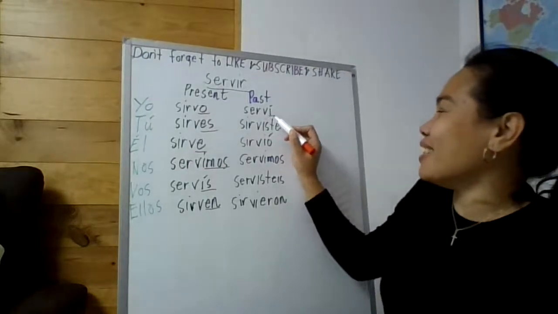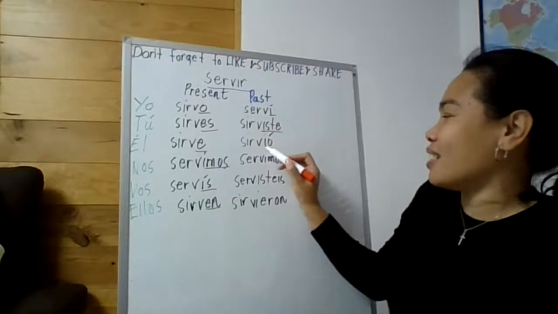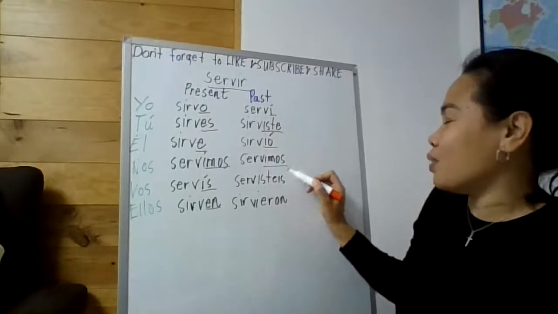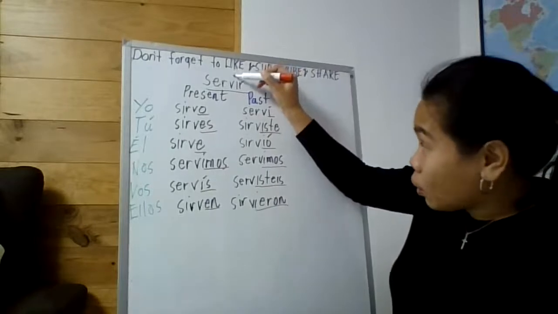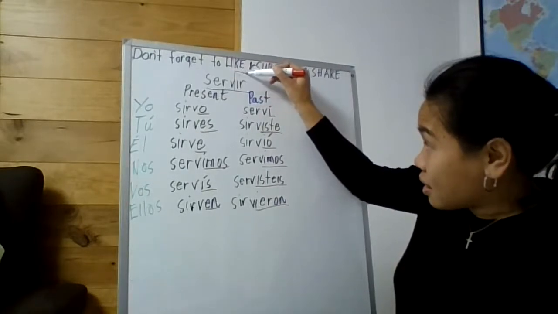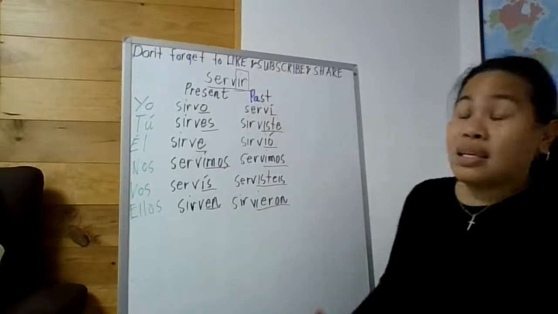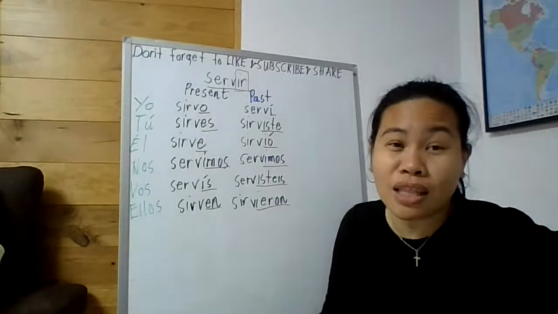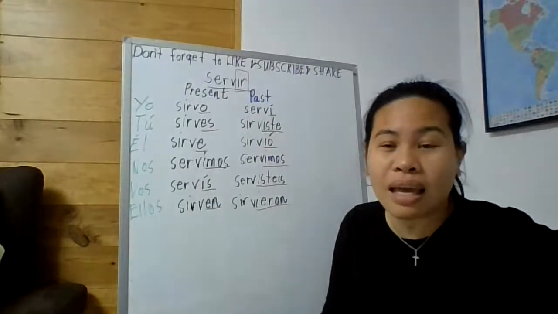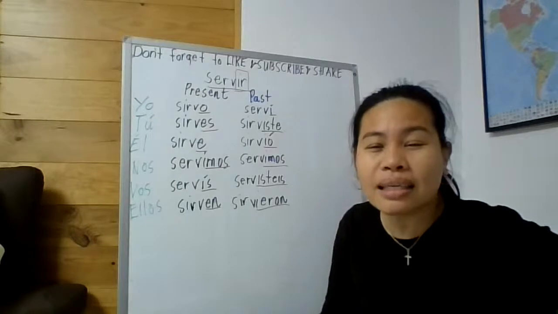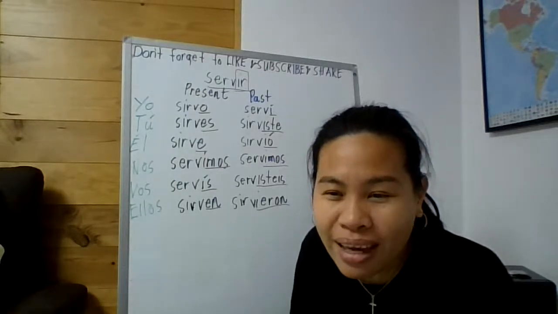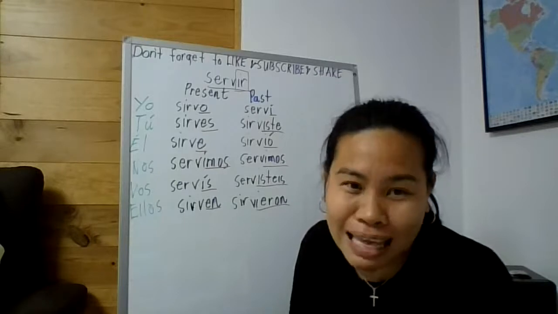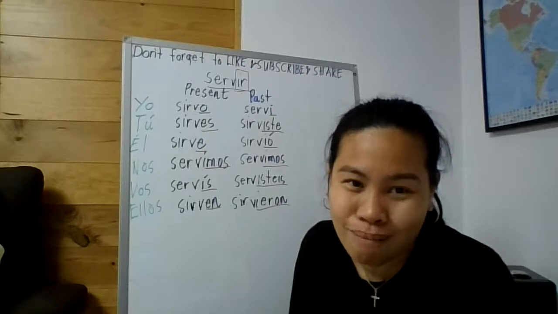And then, iste, imos, isteis, eron. Because that is a verb that ends with I-R, la I y la R. Yo sirvo y él o ella sirvió. Got it now? Yes, Rob.